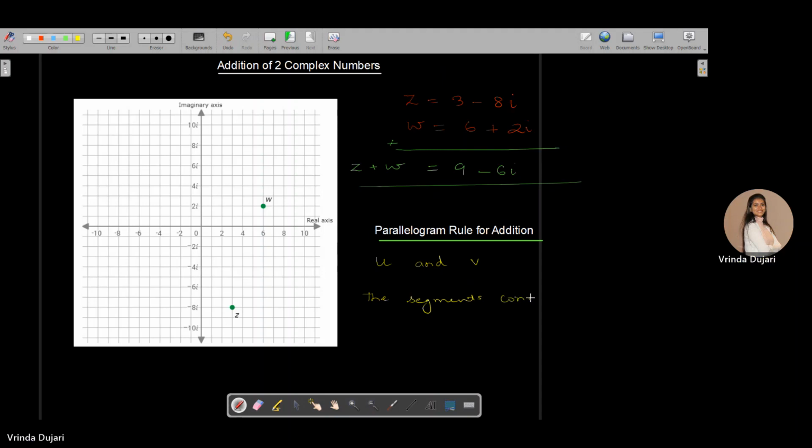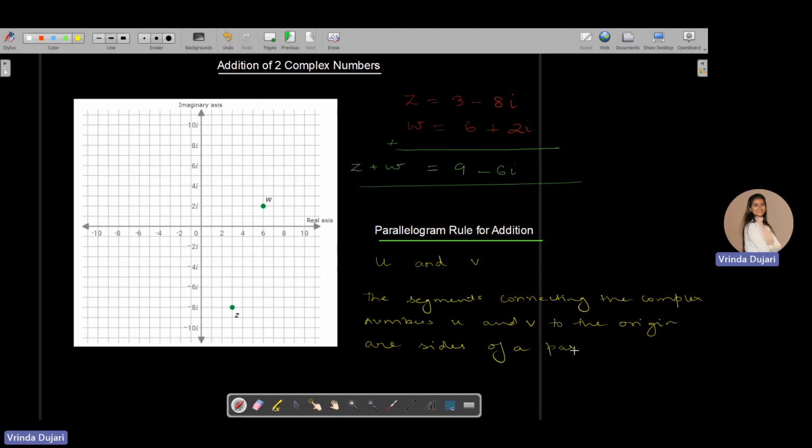connecting the complex numbers u and v to the origin are sides of a parallelogram.